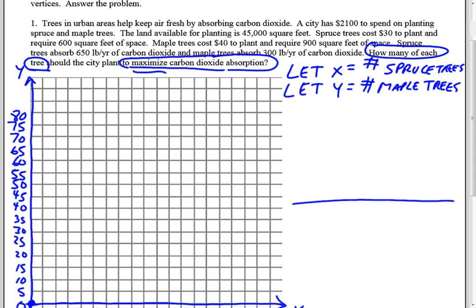If you don't have variables in front of you, you need to declare your variables at the very beginning. Then I would take a look at what it is that you actually need to find. Since it's saying carbon dioxide, I'm going to use a capital C. Let C equal carbon dioxide absorption.